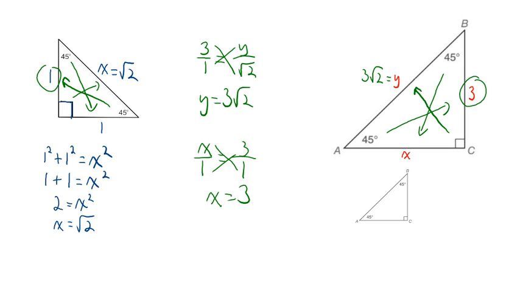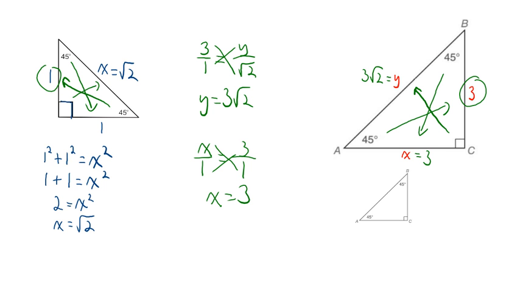And I really didn't need to cross multiply here, because we already know that if a triangle has two congruent angles, then the sides across from those angles are also congruent. So because this 3 is across from a 45-degree angle, and this x is across from a 45-degree angle, these two sides have to be congruent.